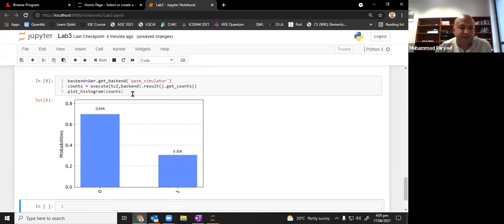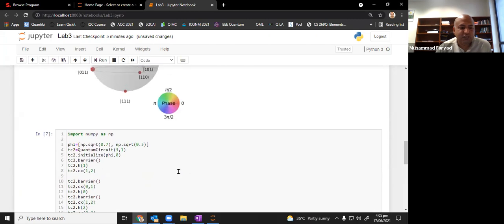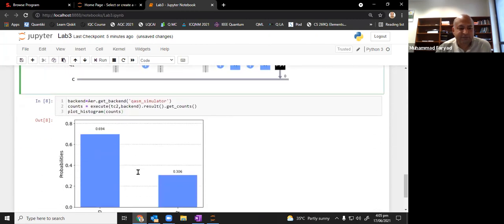And you see that if I simulate it using the simulator, I am having this probability distribution where 0 has probability 0.7 and 1 has probability 0.3, which is almost the same as the state that we specified.